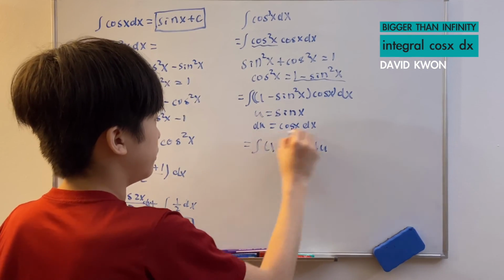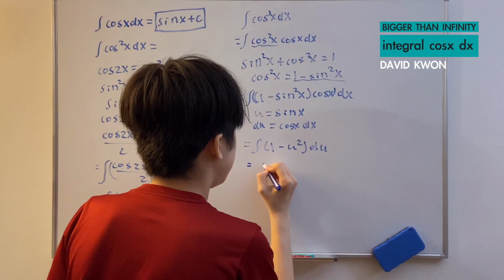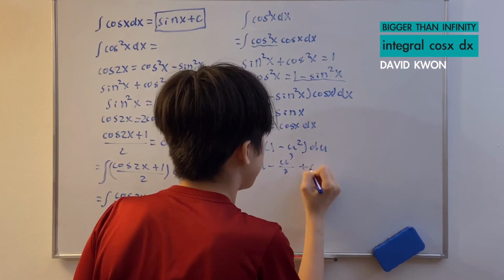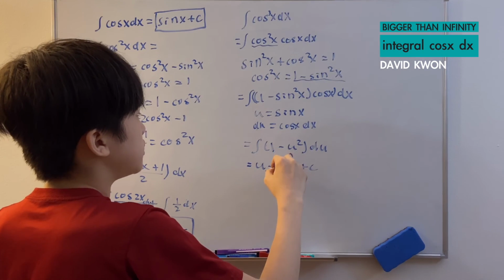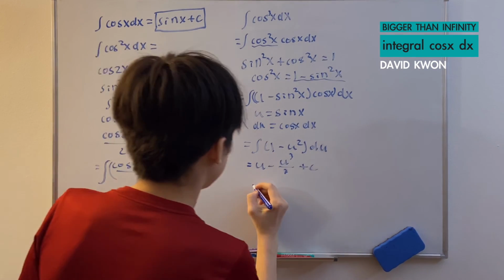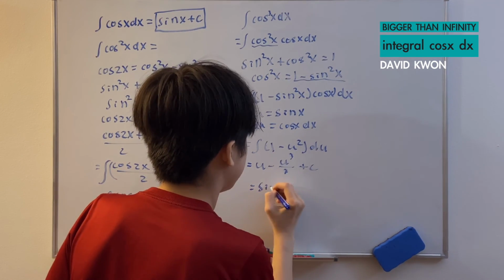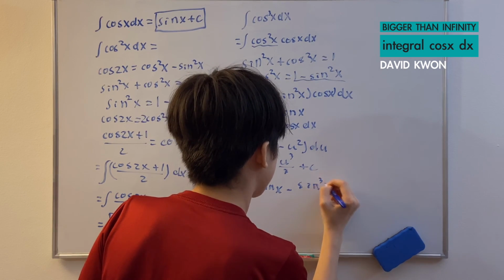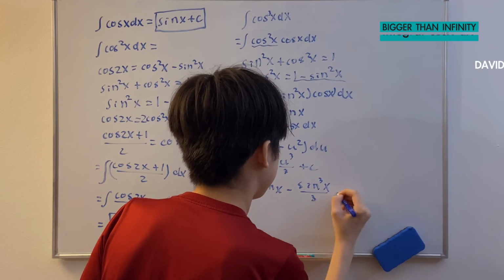Now I integrate this, and I get u minus u to the power of 3 over 3 plus c. And I replace the u back with sine x, so we get sine x minus sine cubed x over 3 plus c.